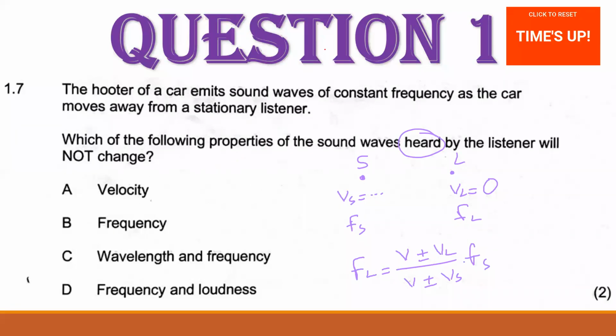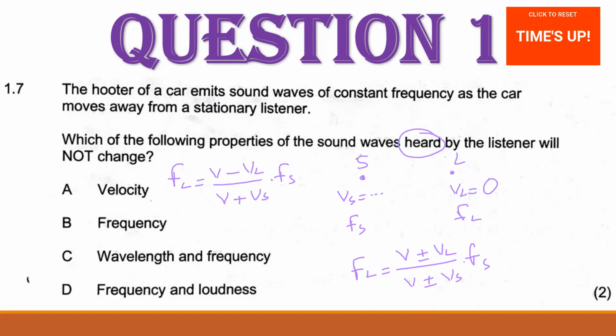Let's check. We are using Fl equals (V minus VL) over (V plus Vs) times Fs. VL is the velocity of listener, Vs is the velocity of source, V is the speed of sound, and Fs is the source frequency. So which one will not change? Velocity, VL, is already constant 0.